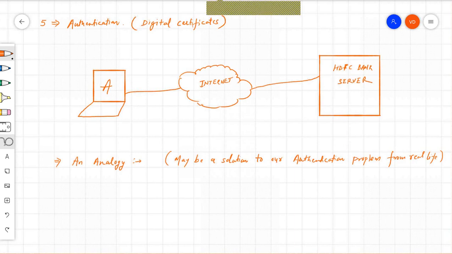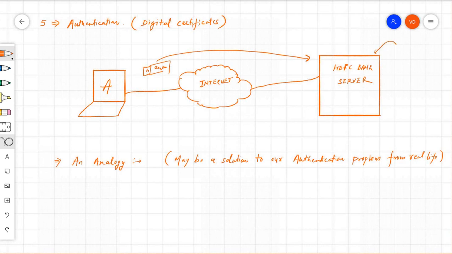Suppose I encrypt, and I do the hashing also, with the public key or whatever I have explained to you, and send it to this guy. What is the proof that I am actually sending it to the HDFC bank server, right?